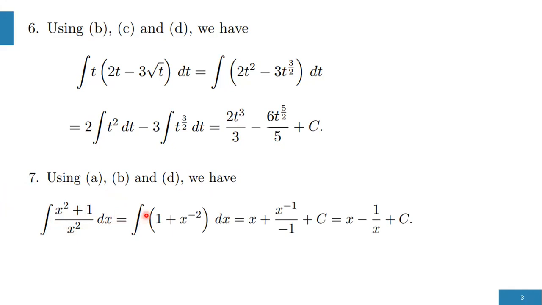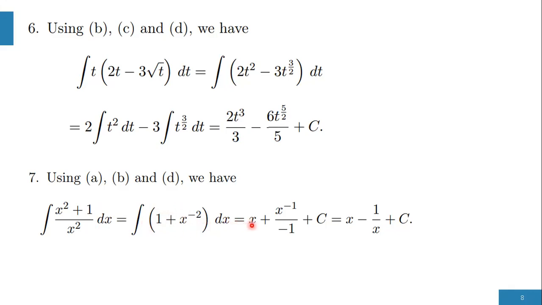This is just equal to the integration of the quantity 1 plus x raised to the power of negative 2, dx. If you're wondering how I got 1, we are doing here x squared all over x squared, that's 1. 1 over x squared is equal to x raised to the power of negative 2. And that's equal to, we will be integrating each term.